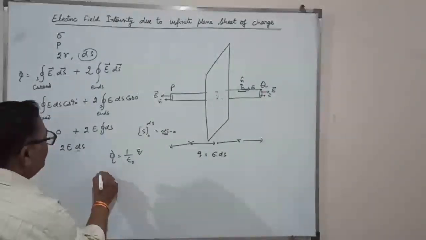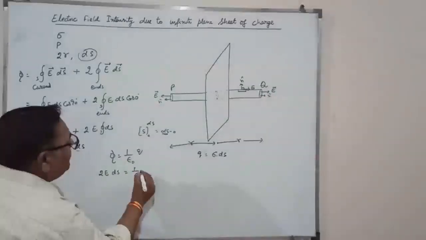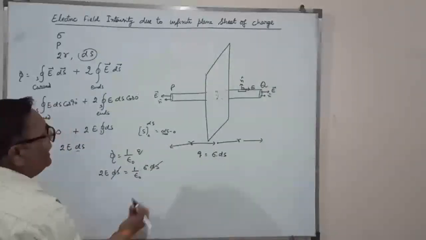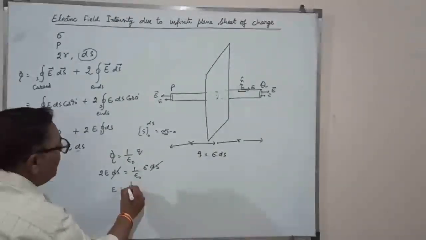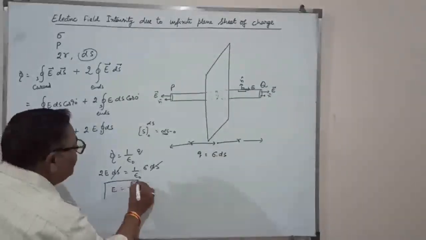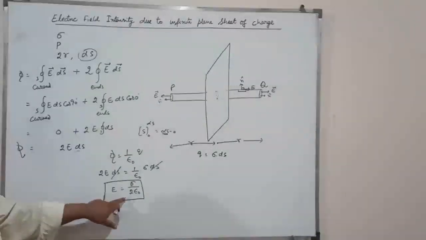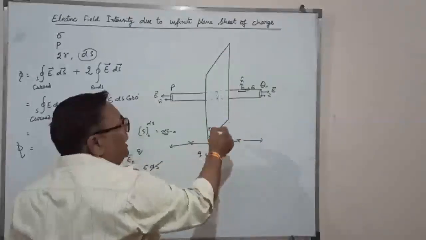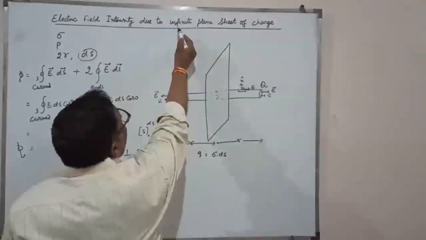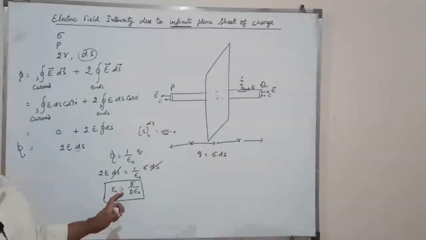And 2E ds is equal to 1 upon epsilon 0, q equals sigma ds. ds cancels, E is equal to sigma upon 2 epsilon 0. This is the electric field intensity. This is independent of r. Independent of r means the dimension of the plate is very large compared to the distance r, meaning the plate is infinite. For this case, E is independent of r.